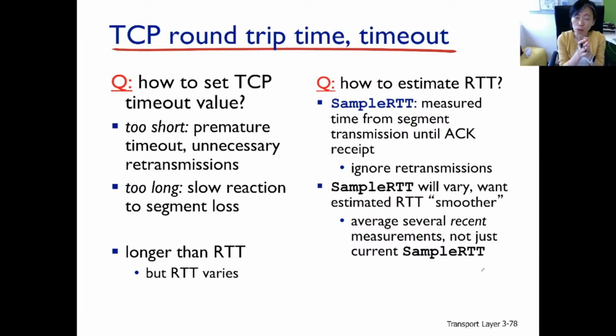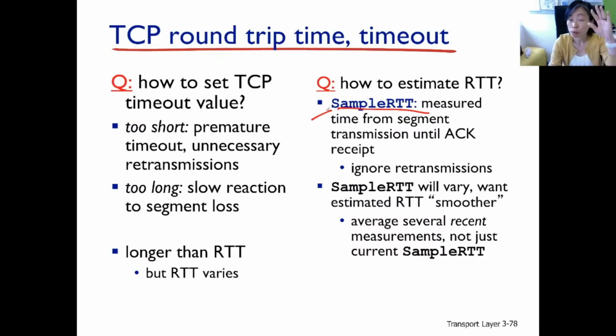And that is the idea behind how TCP estimates the timeout interval. In TCP, it needs to observe the round trip time repeatedly between the pair of sender and receiver, and this is exactly how it's done. For a pair of data going out and the ACK coming back, it calculates the time difference between the receiving of the ACK and the sending of the data, and we get a sample RTT.